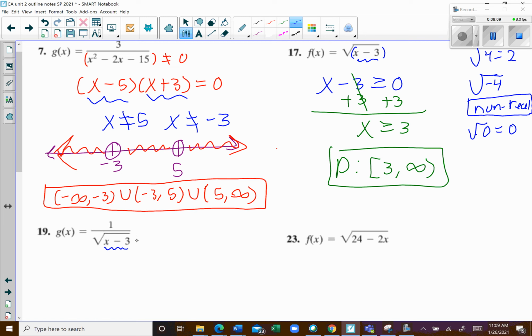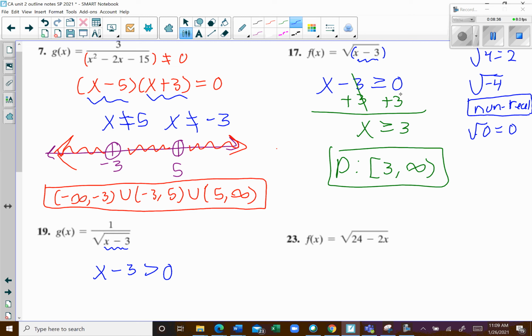Now I need it to be non-negative, and actually I can't let it be 0, because if it's 0, then I'll end up dividing by 0, and that would be off limits. So my expression actually needs to be larger than 0.